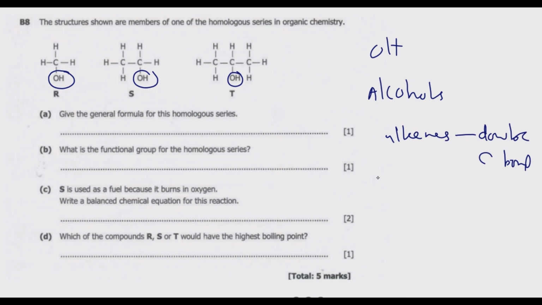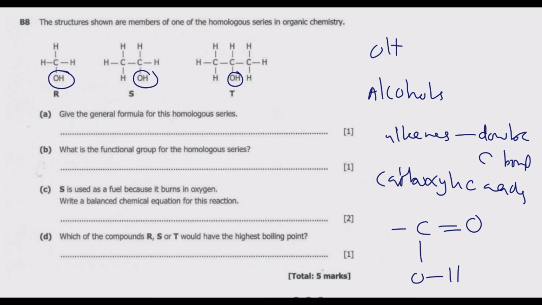Then carboxylic acids have a double bond between carbon and oxygen. Then they also have this hydroxyl. So this is their functional group.